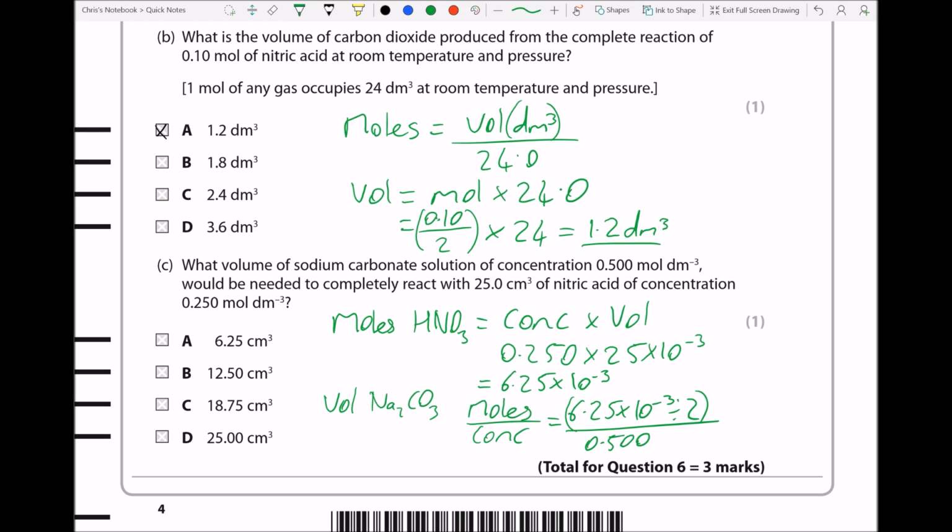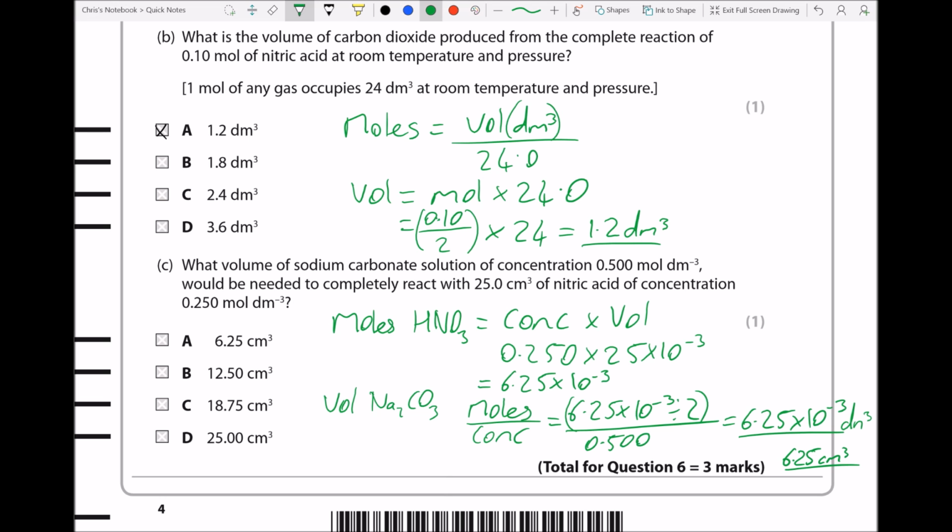Okay, and then we put that in our calculator, and we should get 6.25 times by 10 to the minus 3. So this is obviously the amount in decimeters cubed. To find that in centimeters cubed, we just multiply that by 1,000, and we should get 6.25 centimeters cubed.